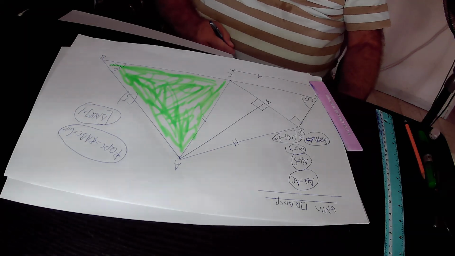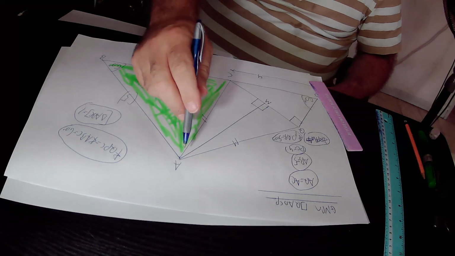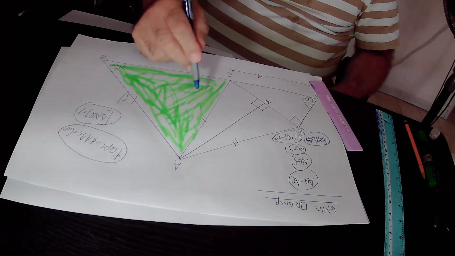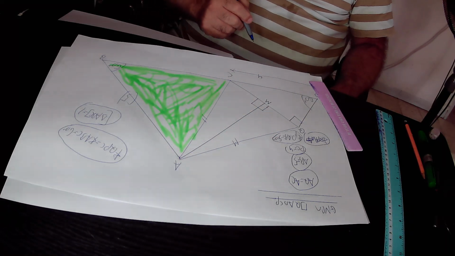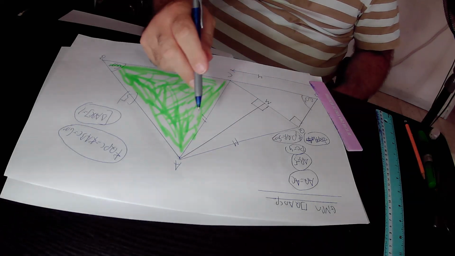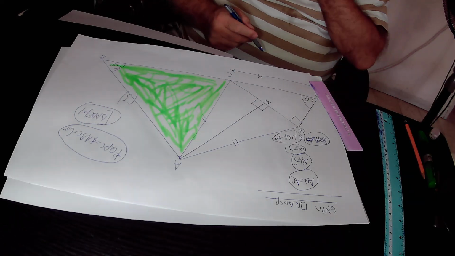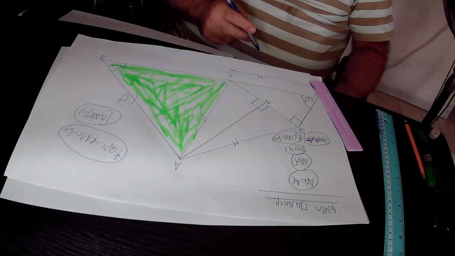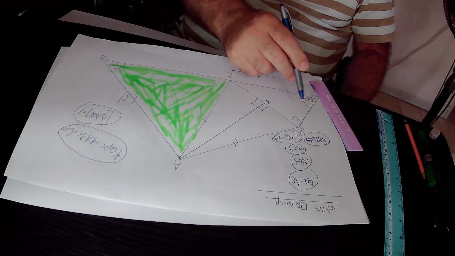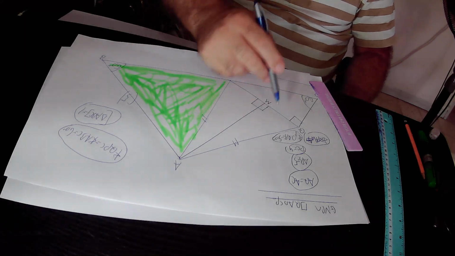We have, this is triangle AQC. Triangle AQC is an isosceles triangle because side AQ equals side AC. QC is the base of the isosceles triangle, triangle AQC.